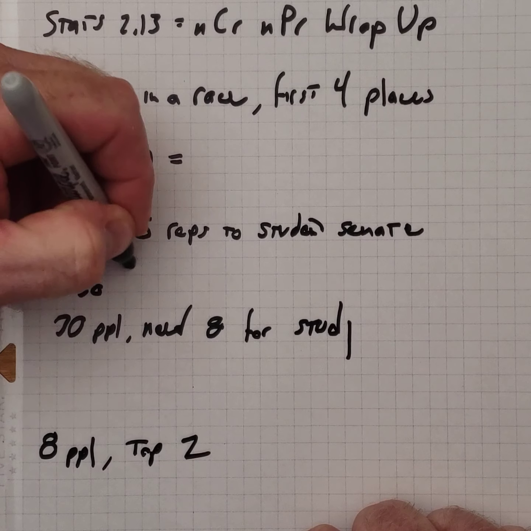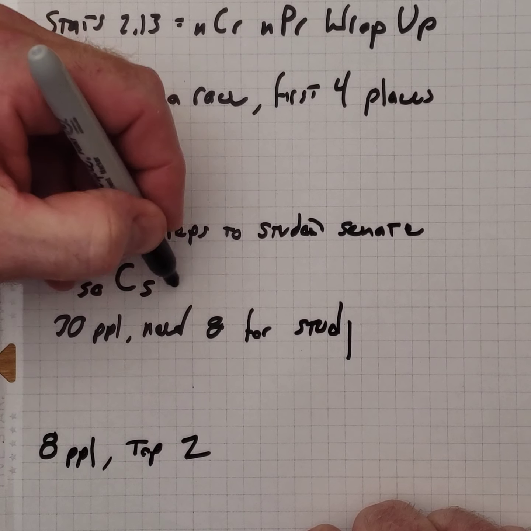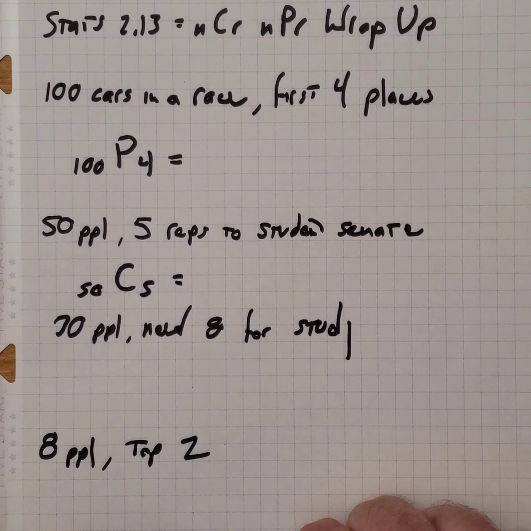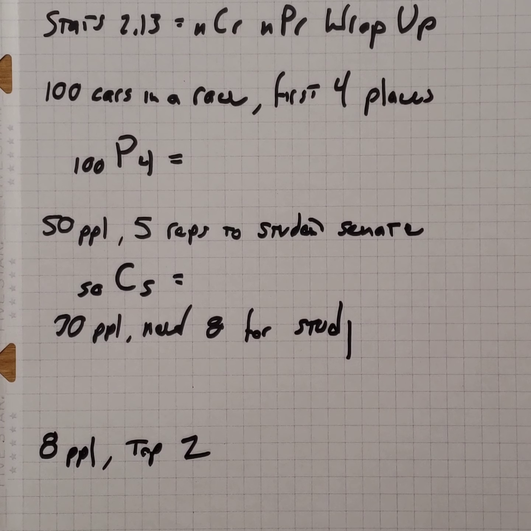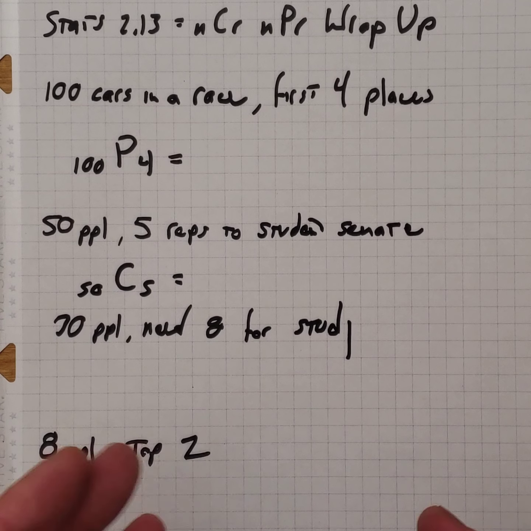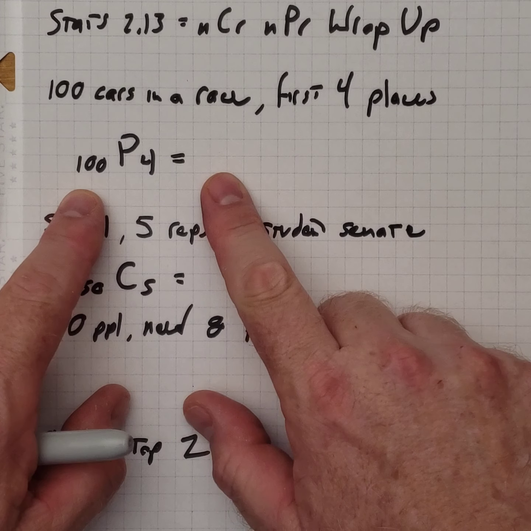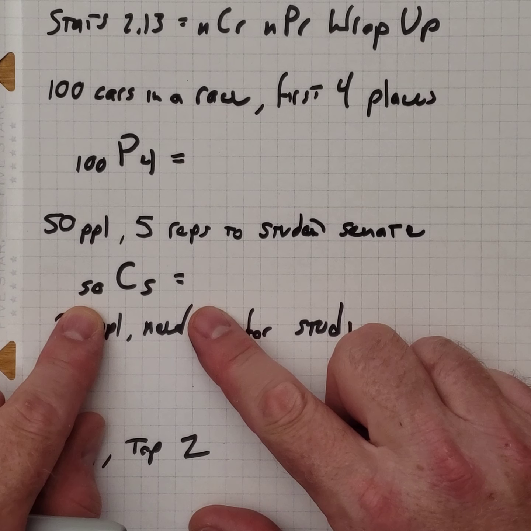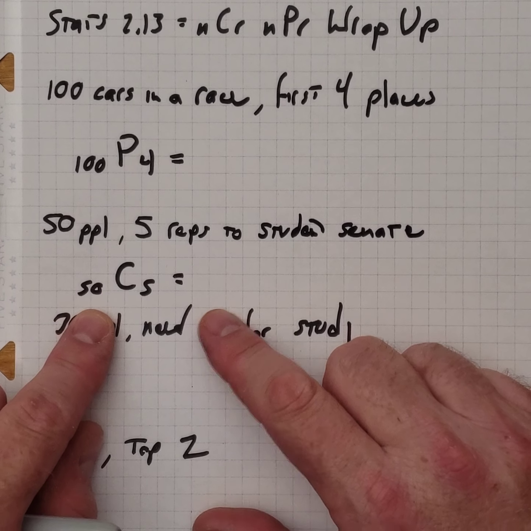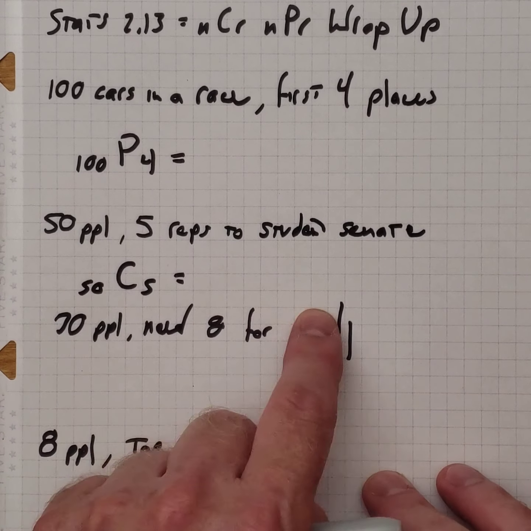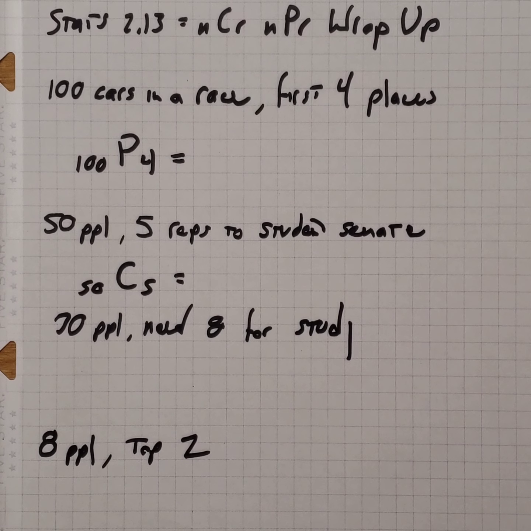So you do 50C5. And remember, combinations are a little smaller than permutations because ABC, CBA, ACB, etc., all the rearrangements count the same. So compared to this number here, we're starting with a much smaller group, and rearrangements don't matter. So you should get a much smaller number out of this one.